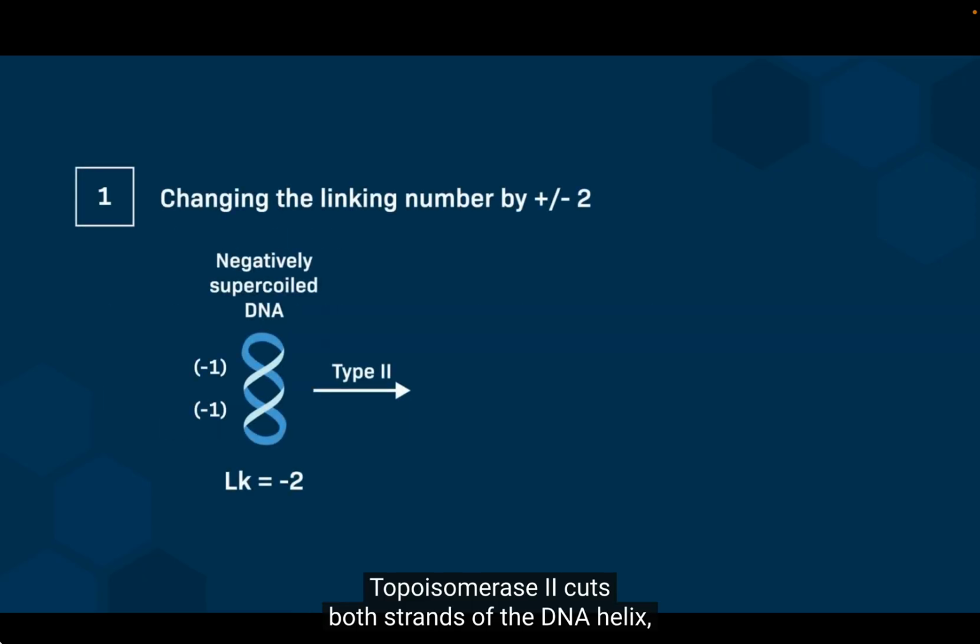Topoisomerase II cuts both strands of the DNA helix, passes another segment of the double helix through the break, and then reseals the cut.